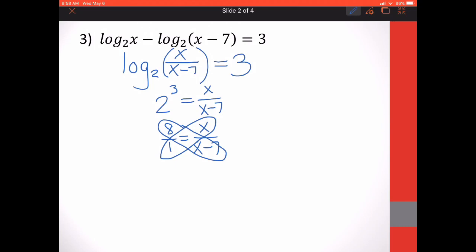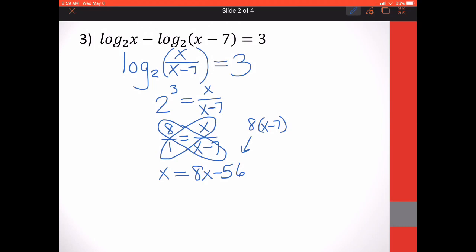All right, so when I do 1 times x, I get x equals, and when I do 8 times x minus 7, make sure you distribute, so you get 8x minus 56. Again, where that came from is we did 8 times x minus 7. All right, now we solve for x.